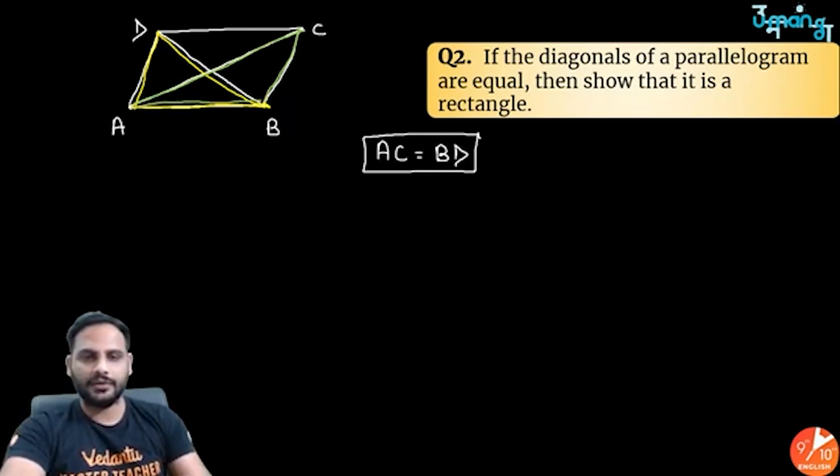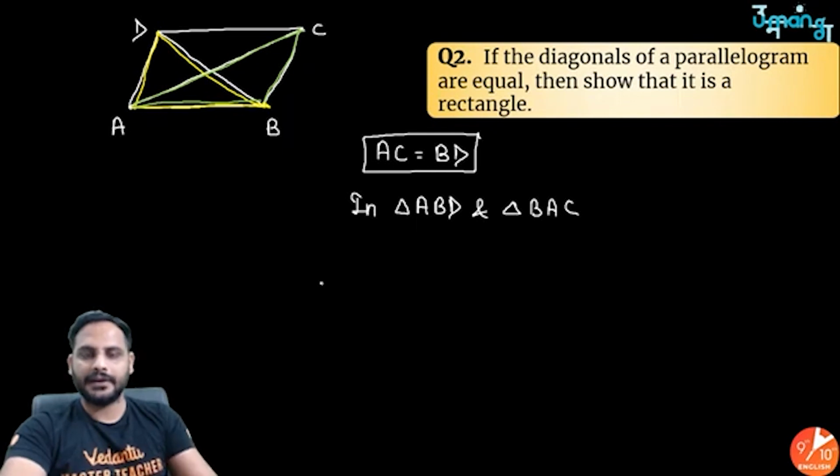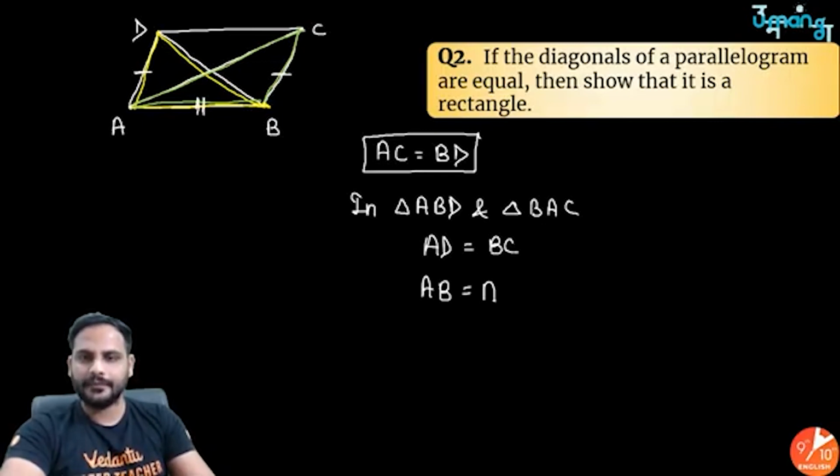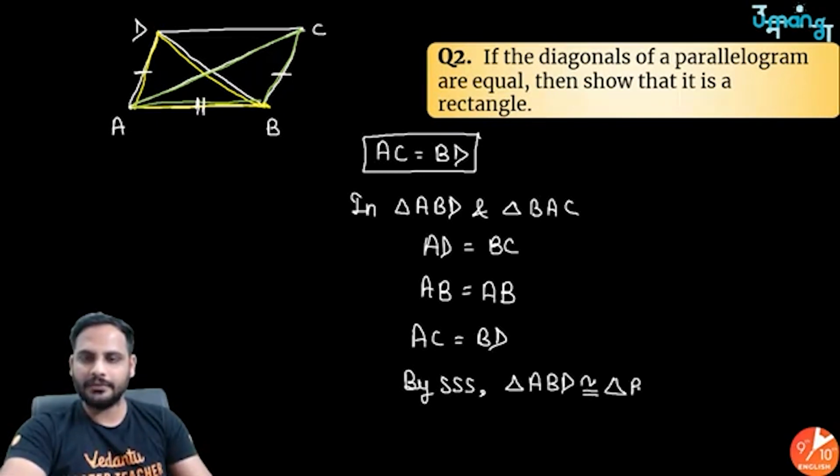So in triangle ABD and triangle BAC, first thing, listen very carefully, since it is a parallelogram, AD is equal to BC. Then AB is the common side. And the question itself has given that the length of diagonals are equal, so AC is equal to BD. So by SSS rule, triangle ABD is congruent to triangle BAC.